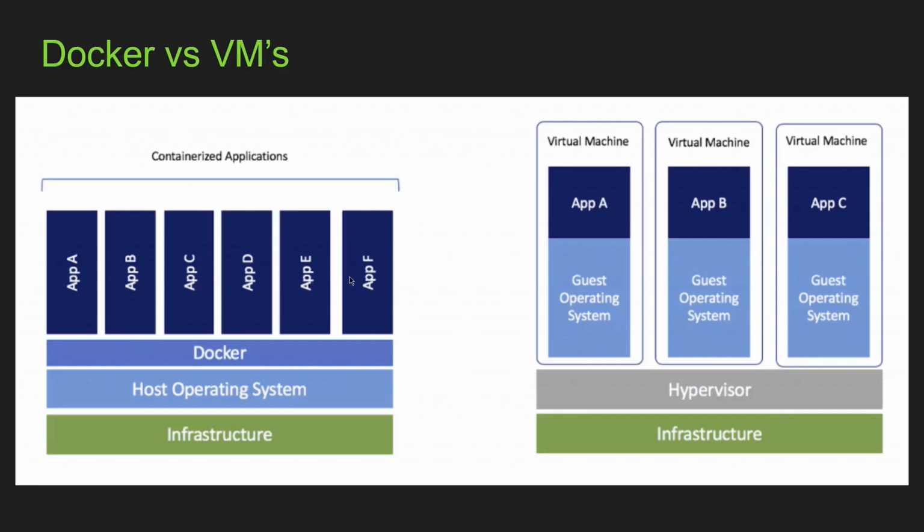Now, if you compare this to the example of virtual machines, you can see that for each of these virtual machines, we also need to set up their operating system. So we need to set up the guest operating systems. And as efficient as it is, these operating systems consume a lot of resources. Now, in the case of Docker, all the containers are utilizing the host operating system kernel.